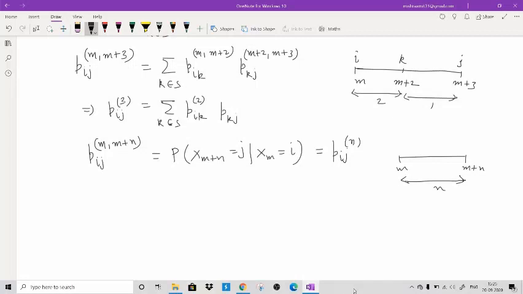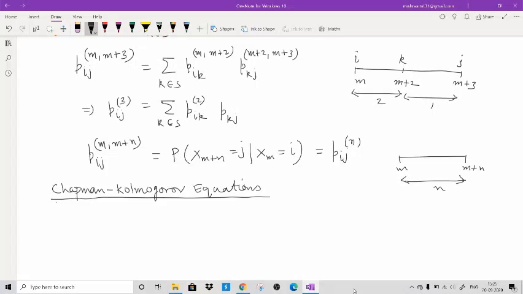So if your Markov chain is time homogeneous, then what are the Chapman-Kolmogorov equations?